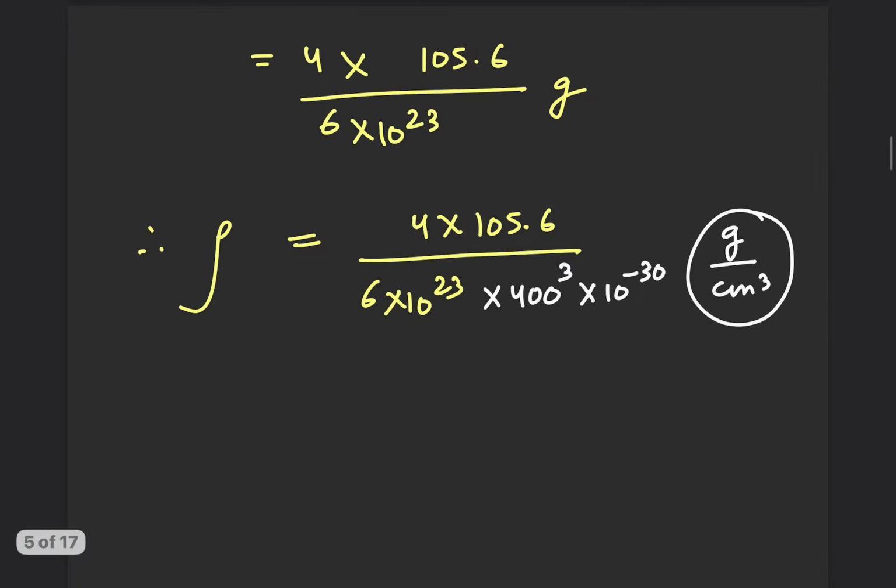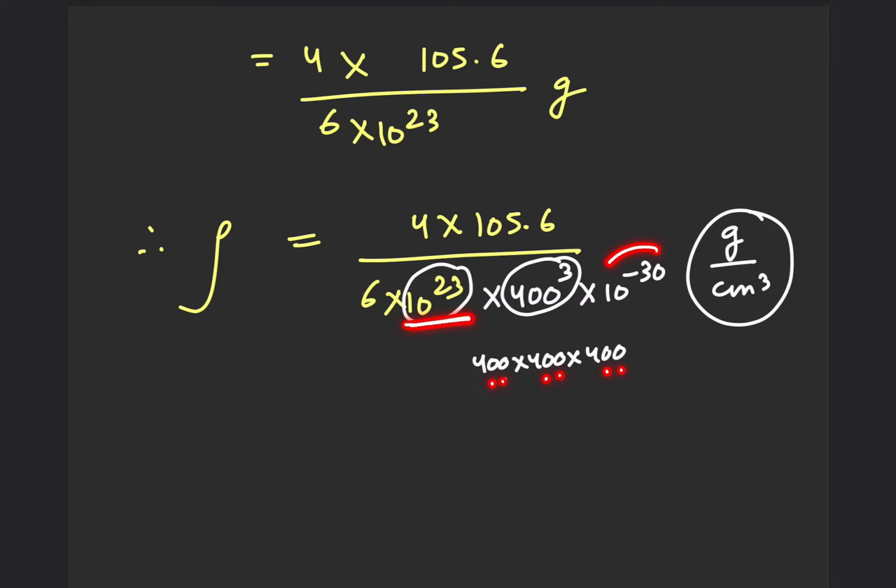To do this calculation, we can write 400 cube as 400 into 400 into 400. Now 10 power 23 and 10 power minus 30 combine to 10 power minus 7, so the 10 power goes to the denominator.